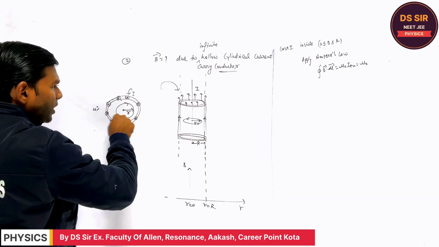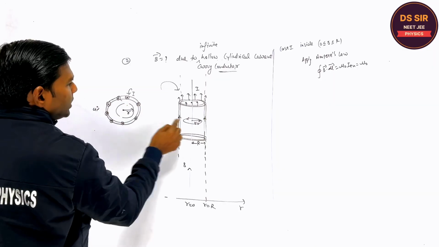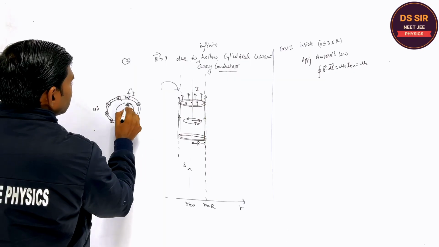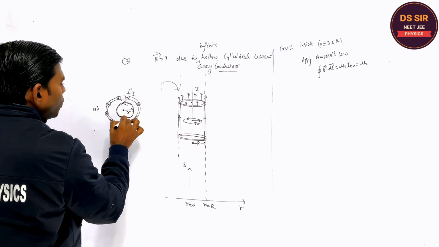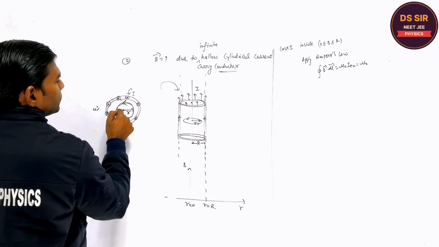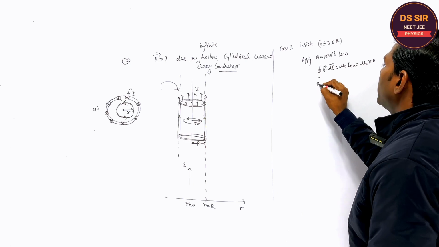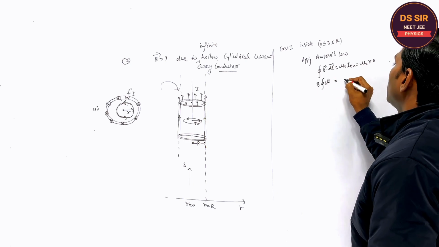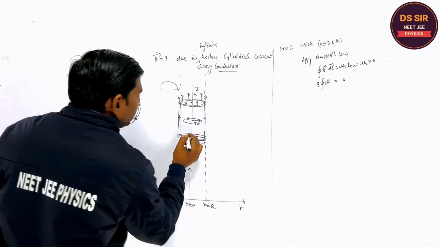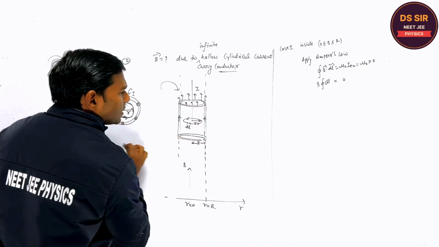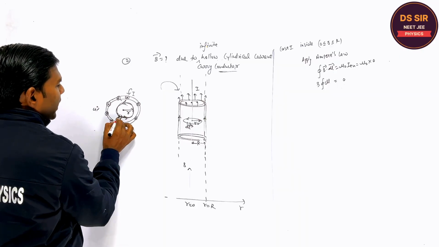if you consider this the Amperian loop, or the orientation is like this, what is the current in this Amperian loop? Tell me. 0. So the current enclosed here is 0. And if you take B common, this is the elemental distance dl vector.